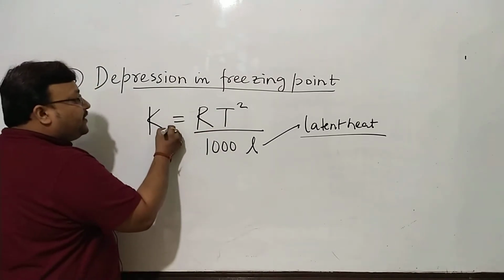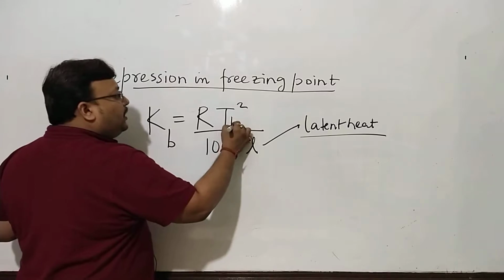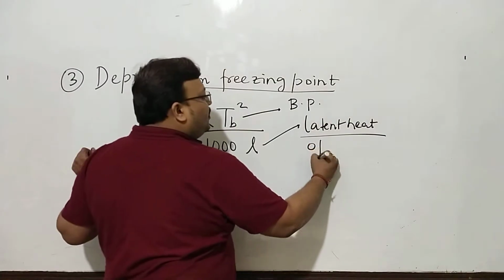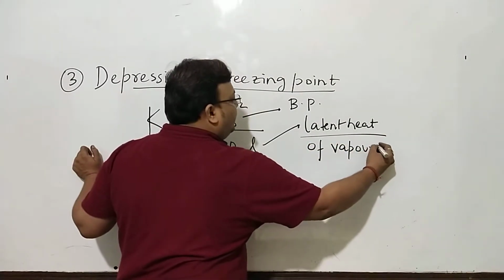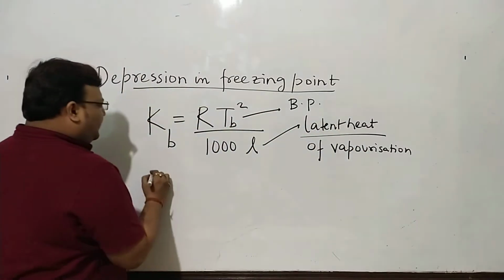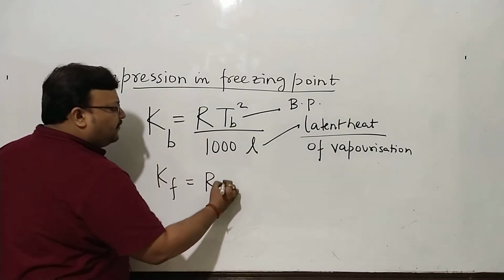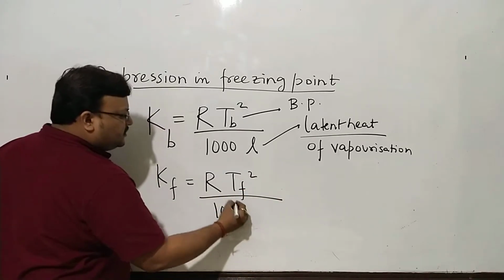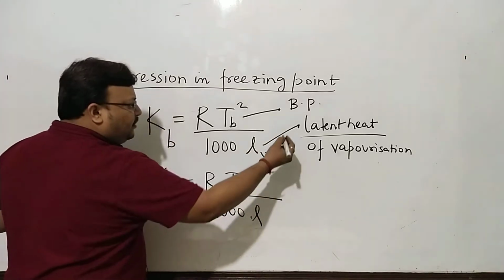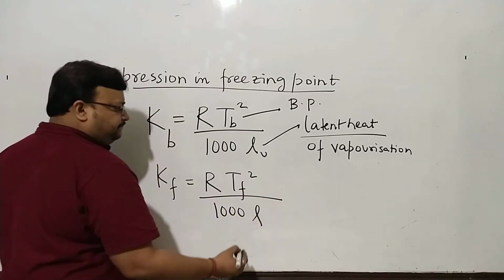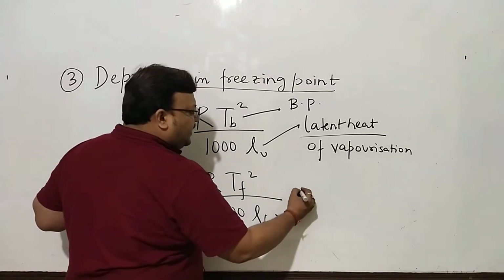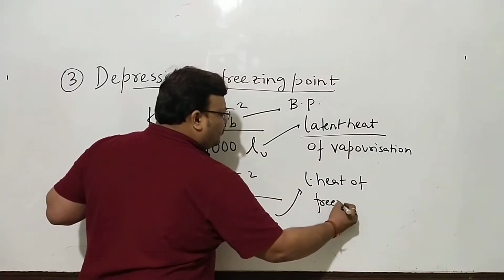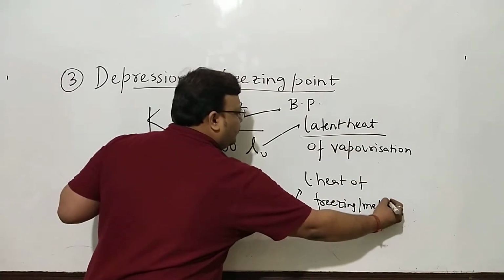Now if this is Kb, T has to be the boiling point, and L has to be the latent heat of vaporization. Certainly, for Kf, I'll write RT square, where T is the freezing point, and 1000 LF, which will be the latent heat of freezing, also called latent heat of melting.